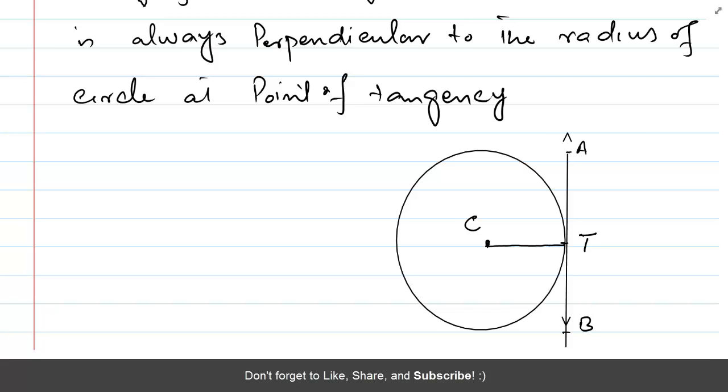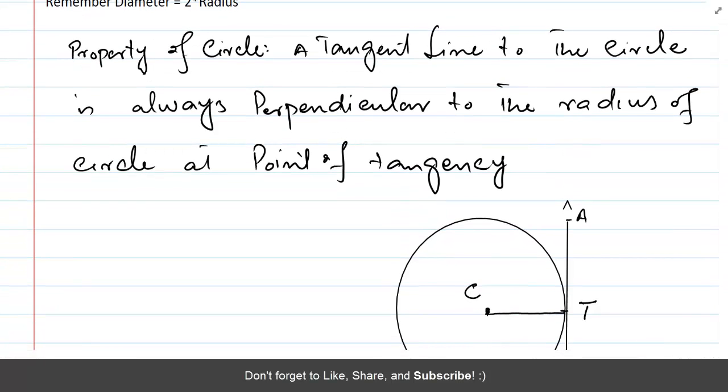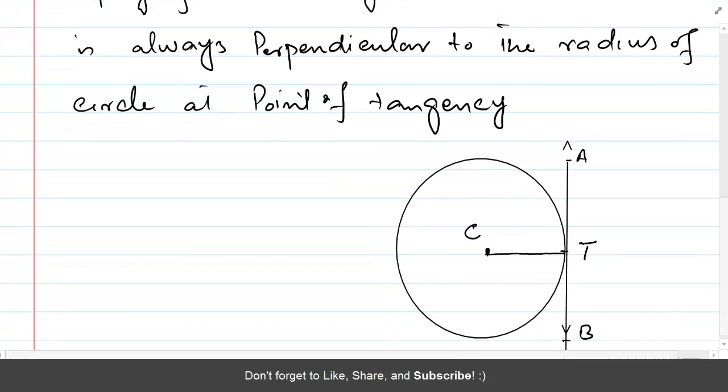Then what this property says, a tangent line to the circle is always perpendicular to the radius of the circle at the point of tangency, is that this angle here is 90 degree always, and it is 90 degree on either side.